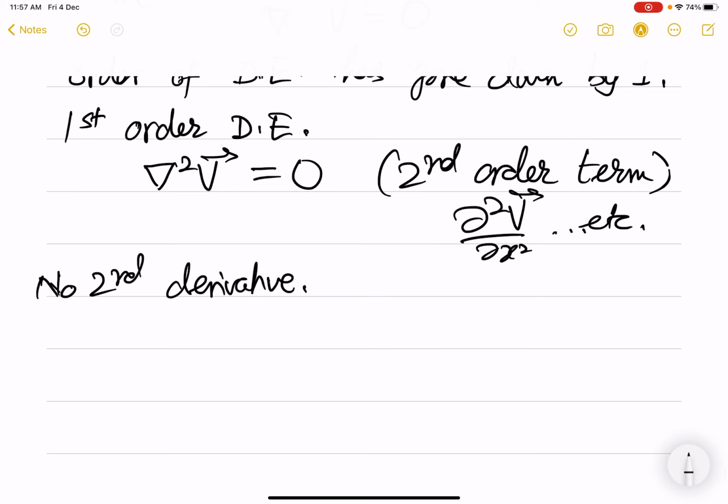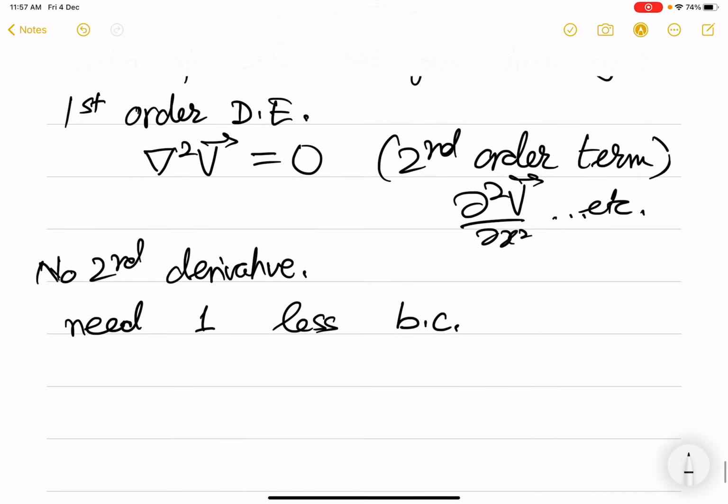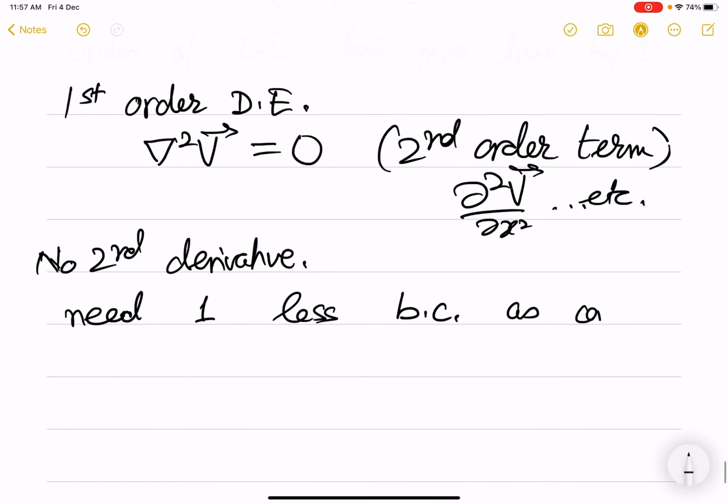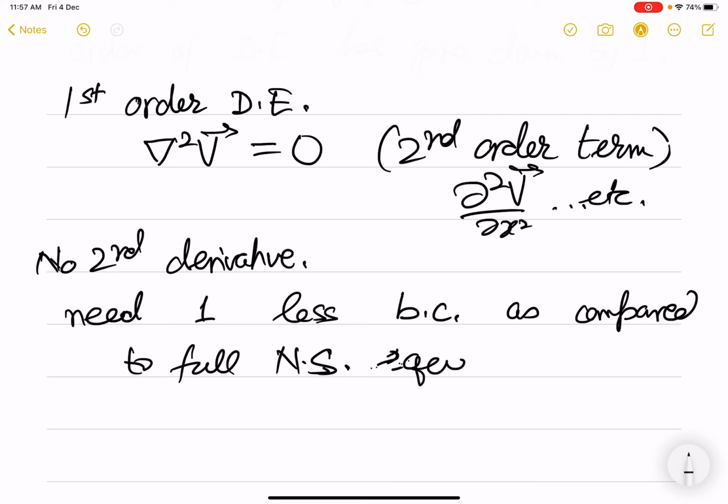Because there is no second derivative, we will need one less boundary condition as compared to the full Navier-Stokes equations, which were second order.